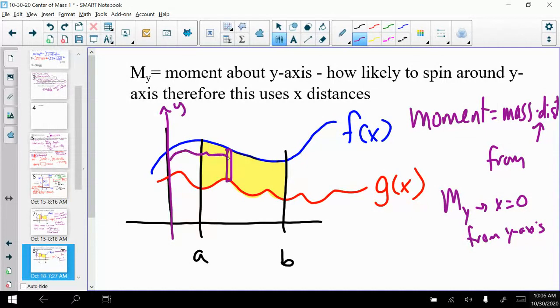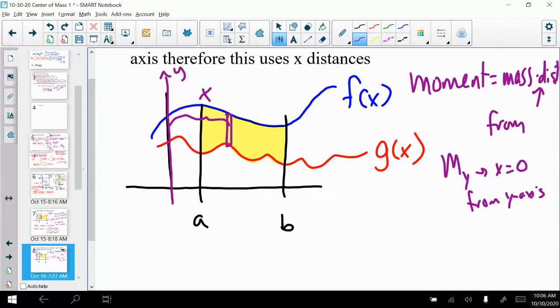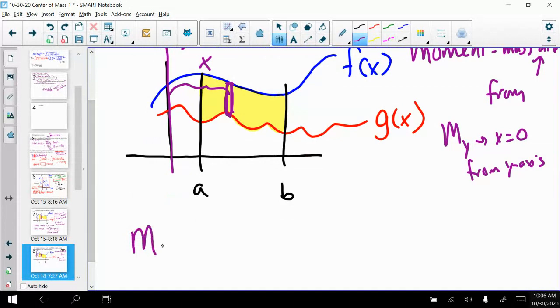This horizontal distance over to my rectangle at any given moment in time is x. So the mass, well, I know the mass. The mass is the area times rho. The area of this little rectangle is height, f of x minus g of x, times width, which is dx.